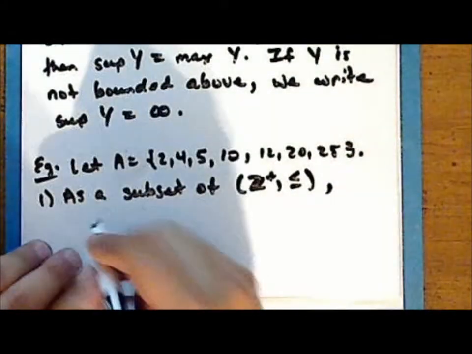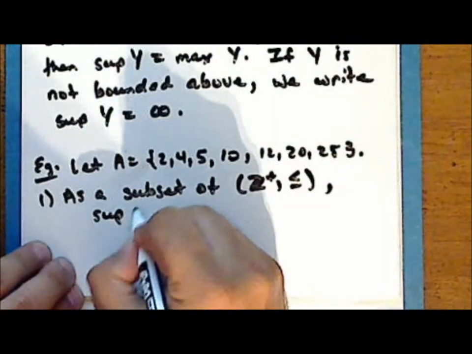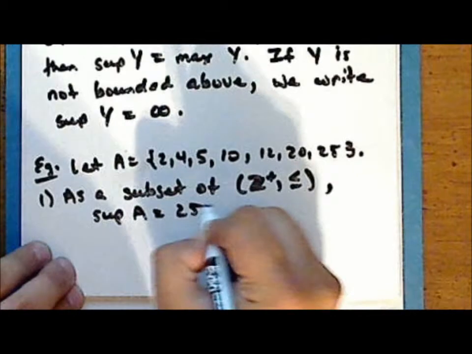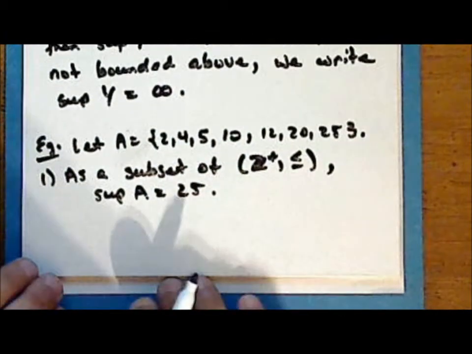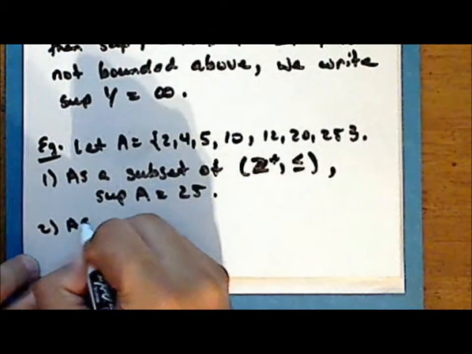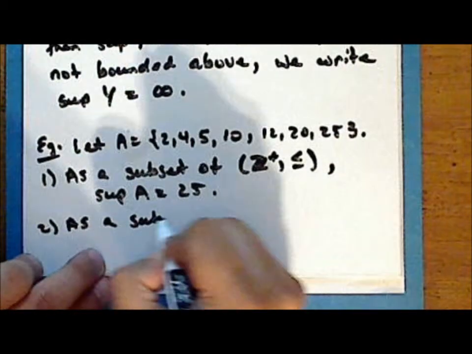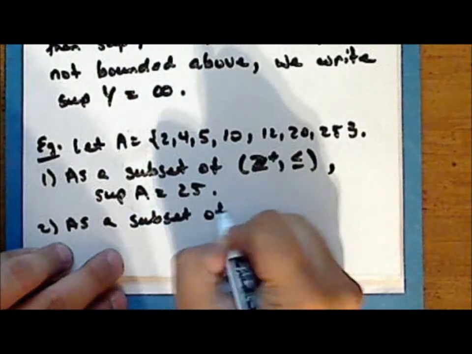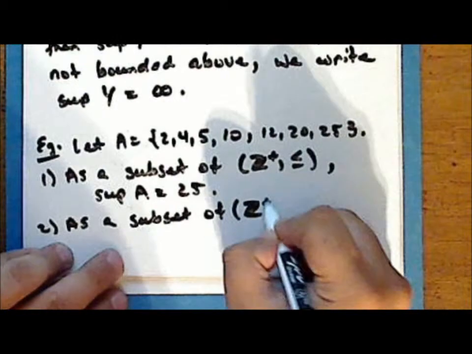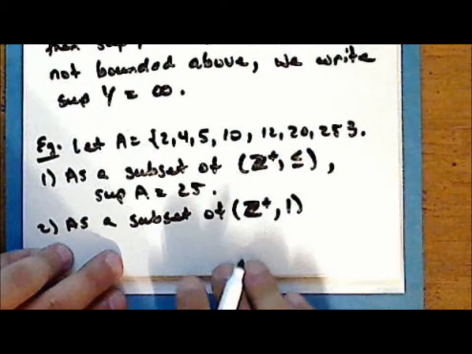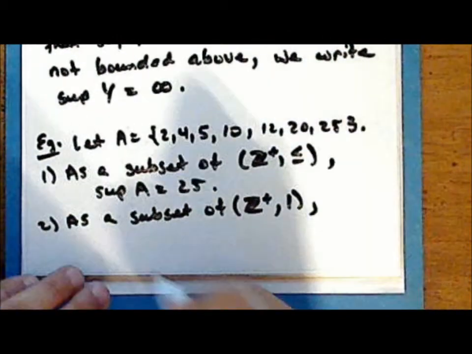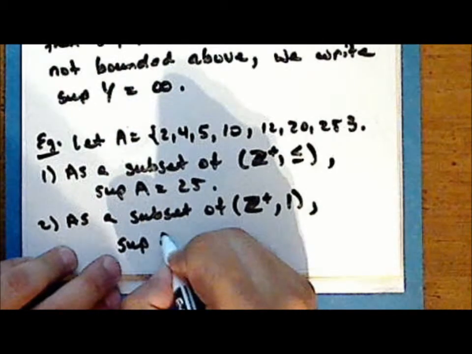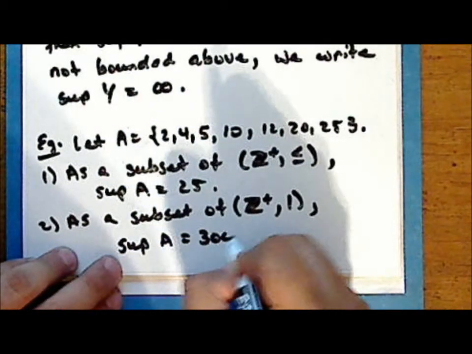The supremum of the set A is 25, and as a subset of the set of positive integers with the relation divides, the supremum of the set A is 300.